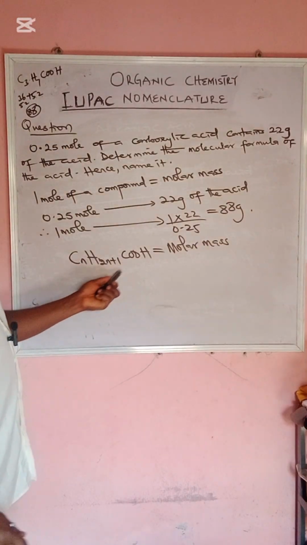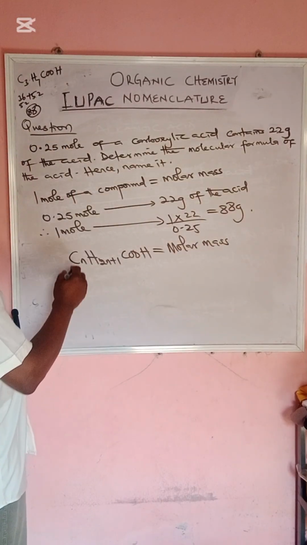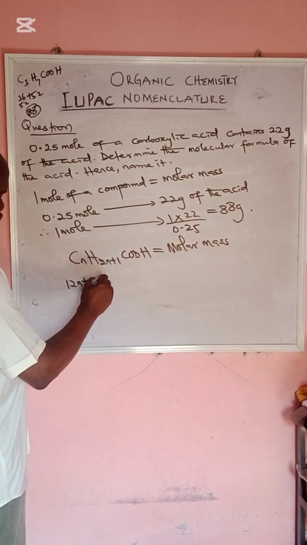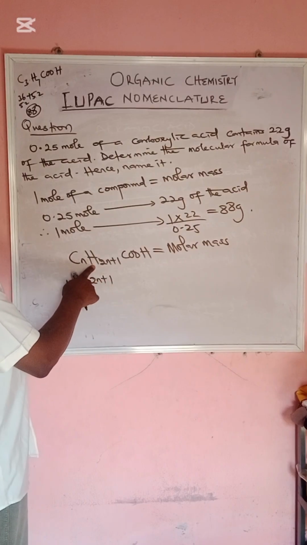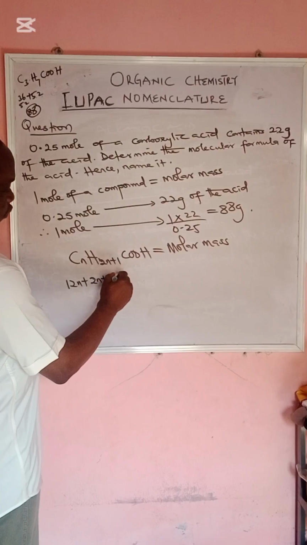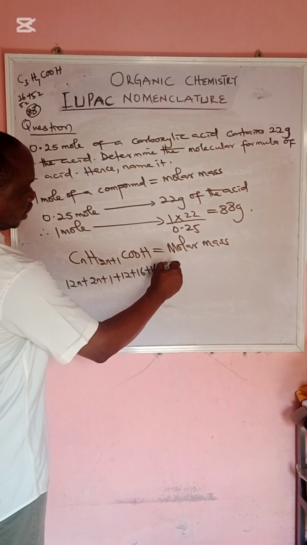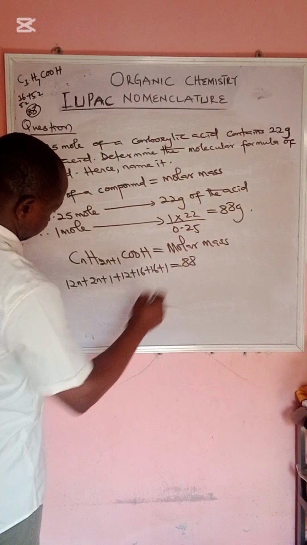So you use this as the molecular formula. So this will be 12n plus 2n plus 1, the mass number of hydrogen is 1, plus carbon 12, oxygen 16, another oxygen 16, another hydrogen 1, is equal to 88.